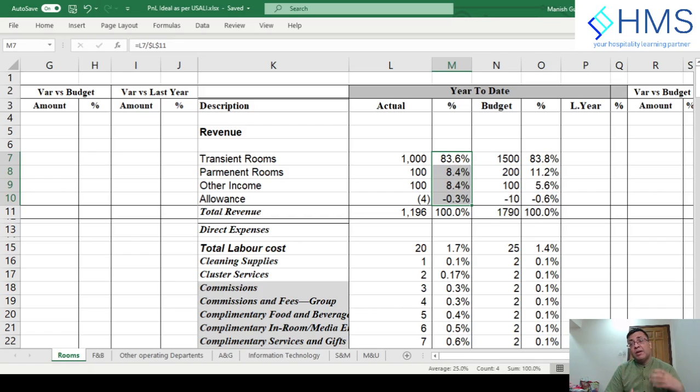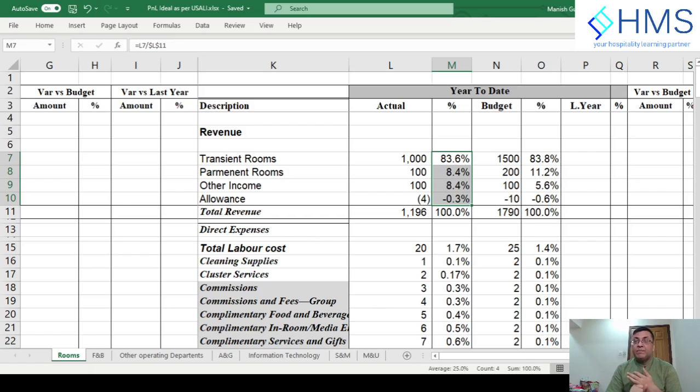If you remember, in the rooms department, there were certain operating metrics that we used to discuss. For example, revenue by market segment. So you would see in transient where the revenue is coming from, what market segment is it coming from? FITs, is it coming from groups?